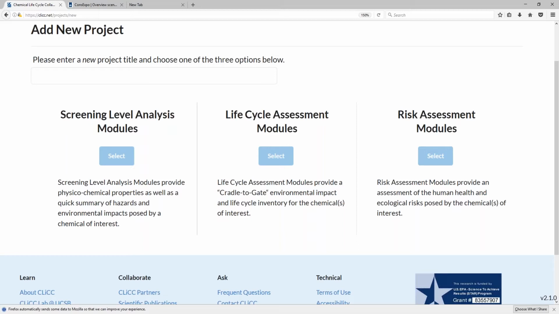We also hope that the Click tool can serve the responsible entities to submit their assessments. For example, if you would like to have a spot data check. Say you come up with a life cycle impact analysis result and you want a spot check. This can provide a value based on a predictive tool, as I will show you very briefly. So this can be a kind of reference point.